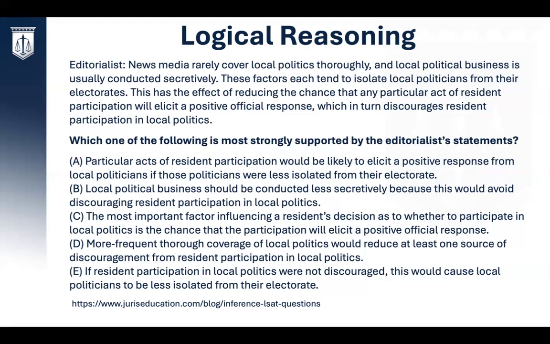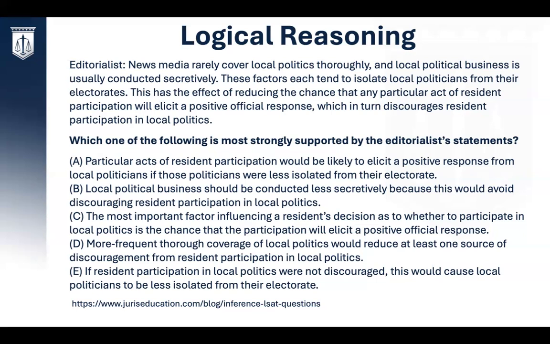A. Okay, you should always be suspicious of the word should. There you go. That's your hint. It should tingle your spidey senses. A confuses the terms less likely and unlikely, right? The stimulus tells us isolation makes politicians less likely to respond positively, but that doesn't necessarily mean they are unlikely to do so.